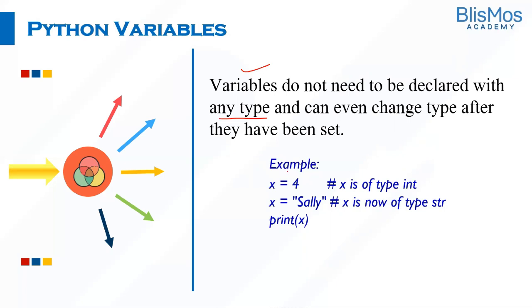For example, here you can see 4 is assigned to x. It will automatically infer x is of type int. In this case, when the same variable is assigned with a Sally, it automatically infers this is going to be string. That is the beauty of Python.